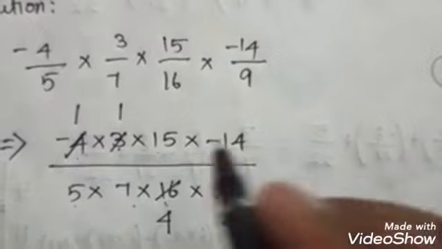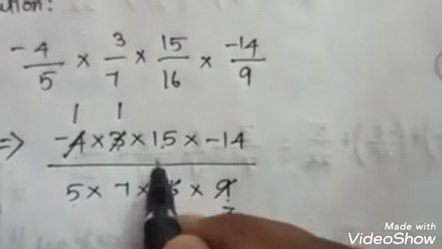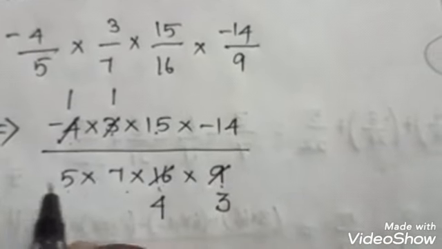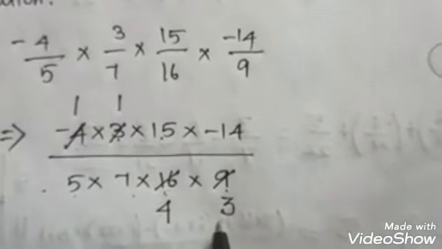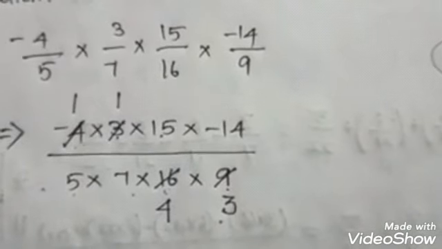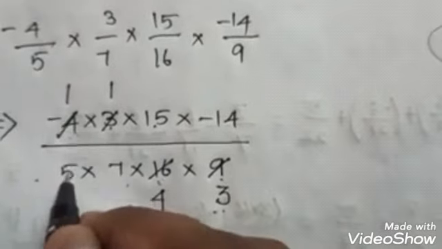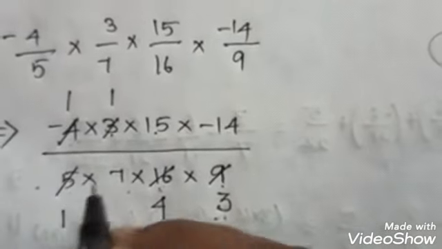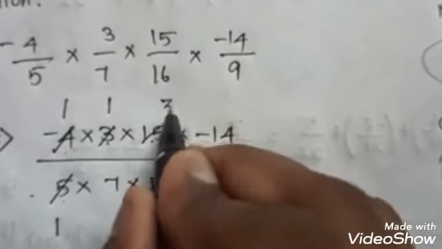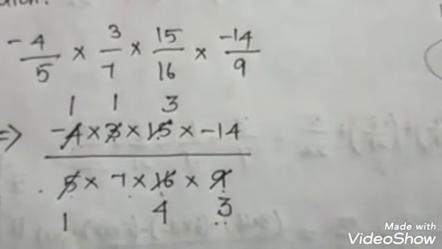And again this 15 can be cancelled by 5 and also 3. Your choice. You can take 3 or you can take 5. So first I take 5. 1 times 5, 3 times 15.